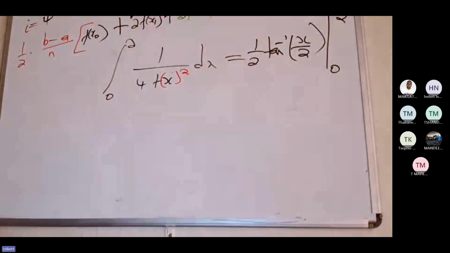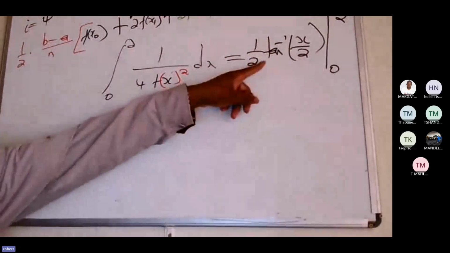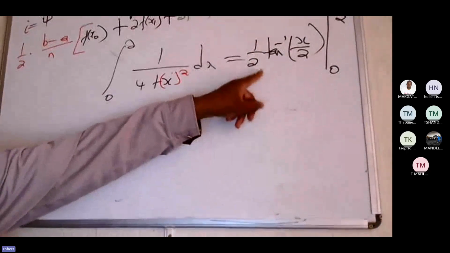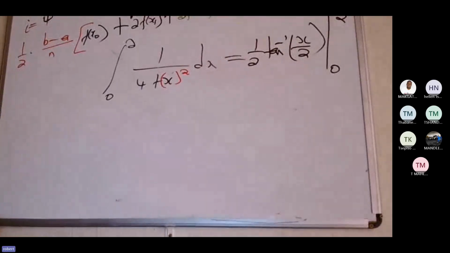They say use the trapezoidal rule to approximate the answer here, which I'm not sure how much it is. Just check it for us. What is the final answer here?